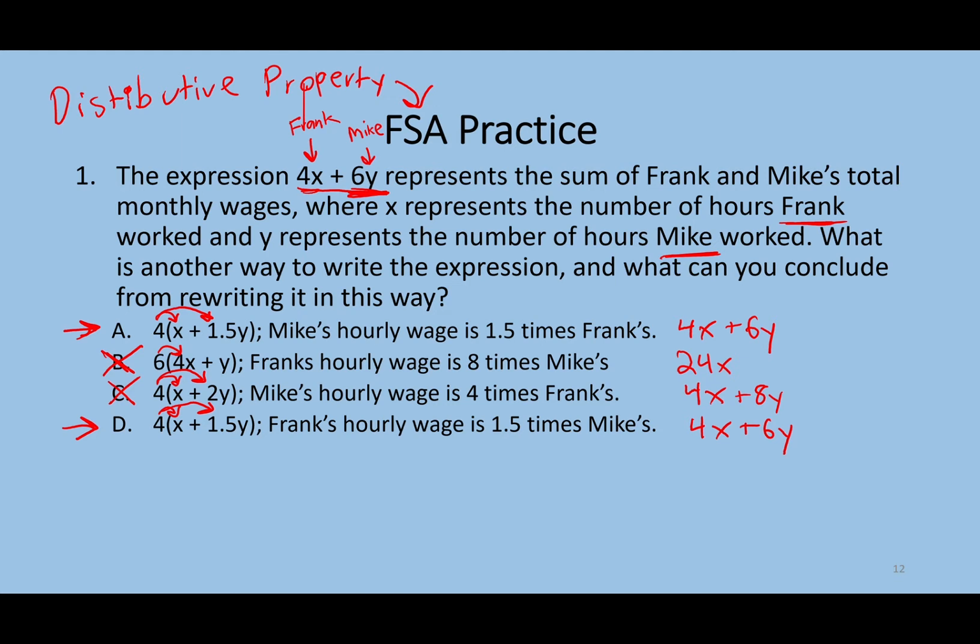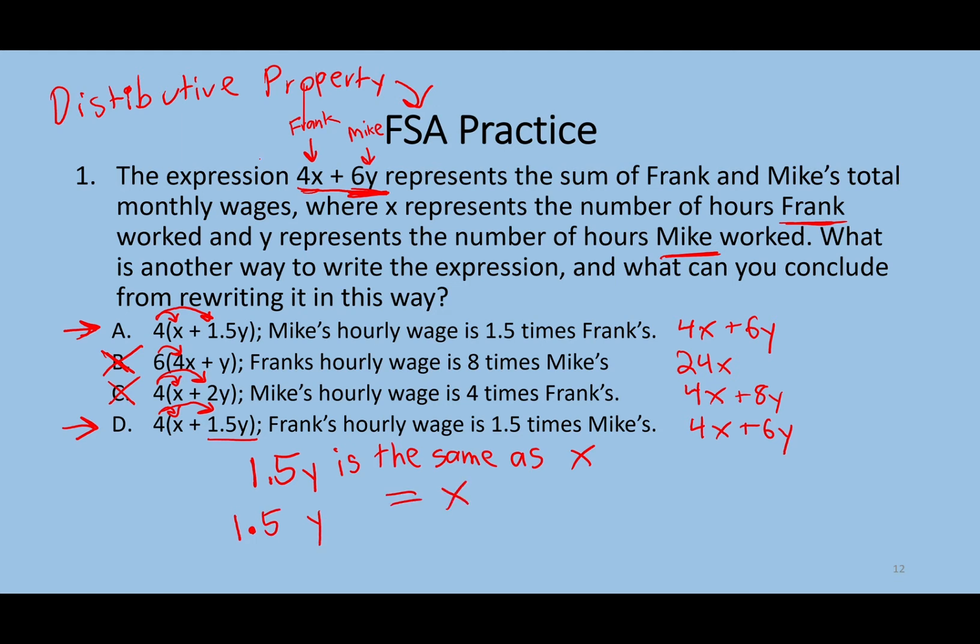Now I can't help but notice that in both of these, I have a 1.5 times y, right? So they're telling me 1.5 times y is the same as, oh, I'm so sorry. I don't know what's going on with my laptop. Is the same as x by itself. So 1.5 times y equals x.